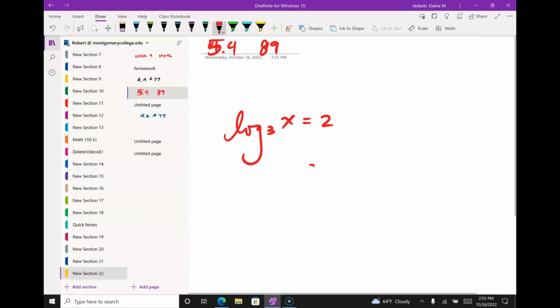I want to solve for x. I don't know what to do, so the first thing on my list is my translation. What's the base? What's the exponent? 2. What's the argument? X. So what's x equal?